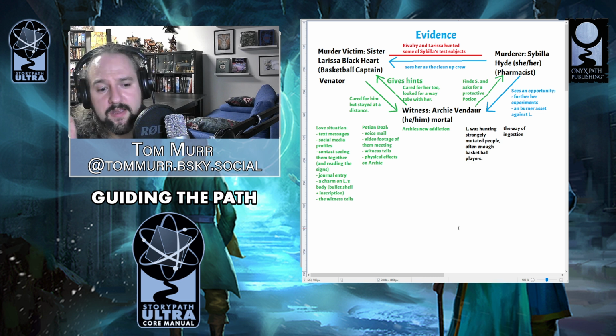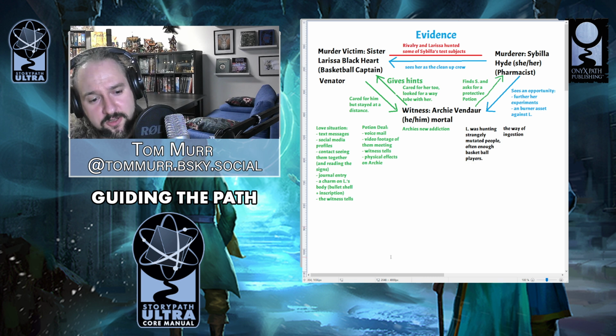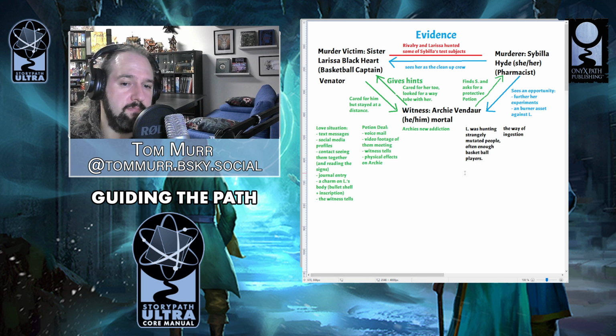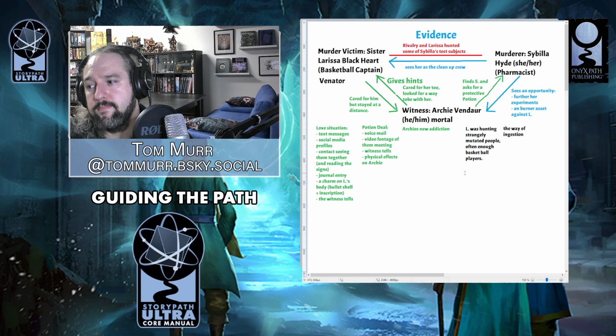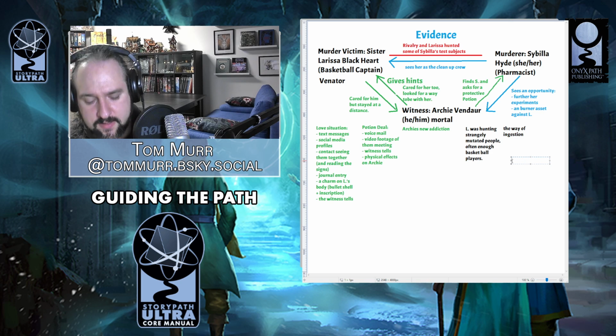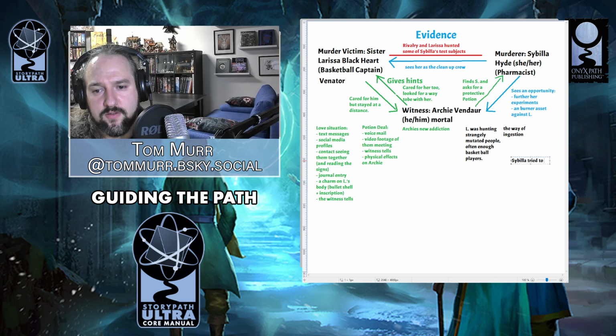We already know this is the vine from the auction house that has special magical capabilities, and that's why she is there. We should probably add this. Sibylla tried to buy the vine, but was outbid.